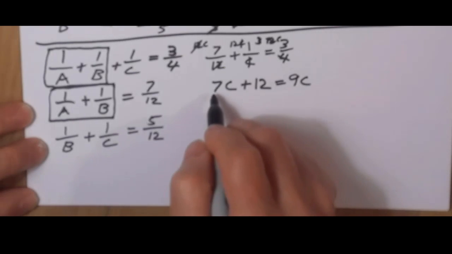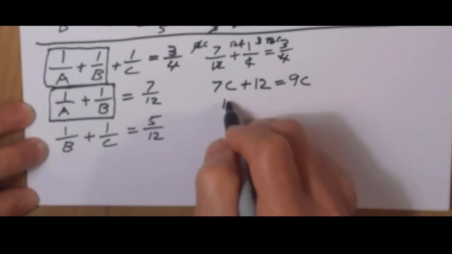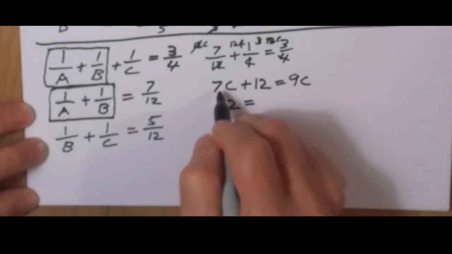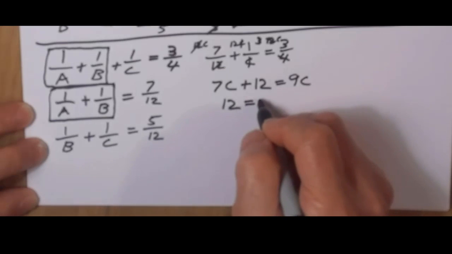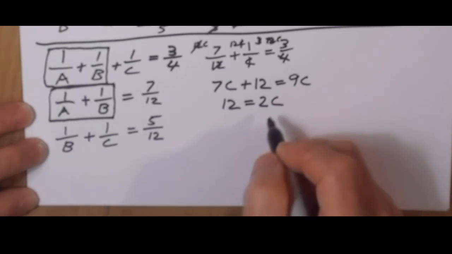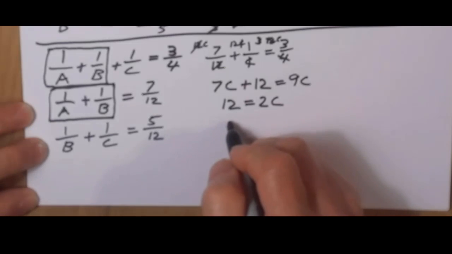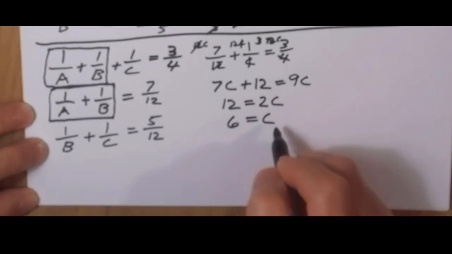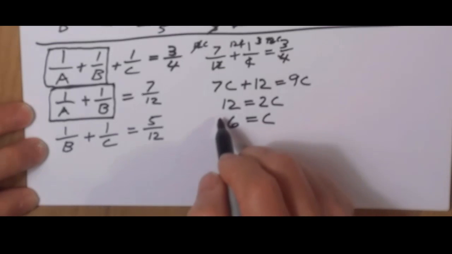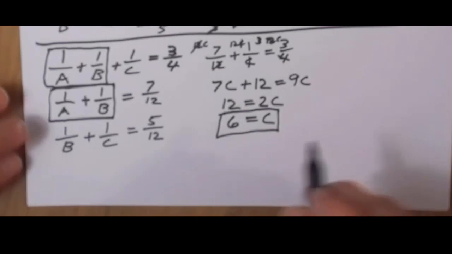Subtract both sides by 7c. So the 12 remains here, equals 9c subtract 7c is 2c. All right. Divide both sides by 2, and 6 equals c. All right, so that's one of our solutions.